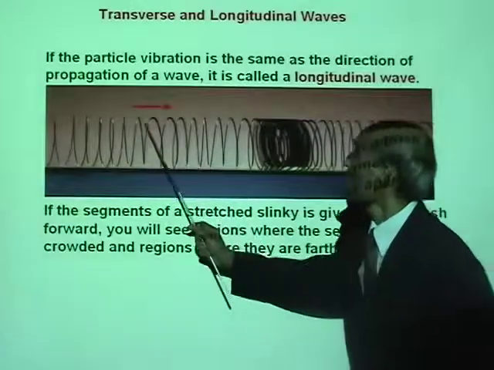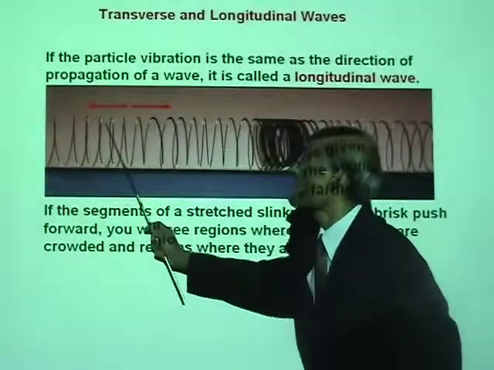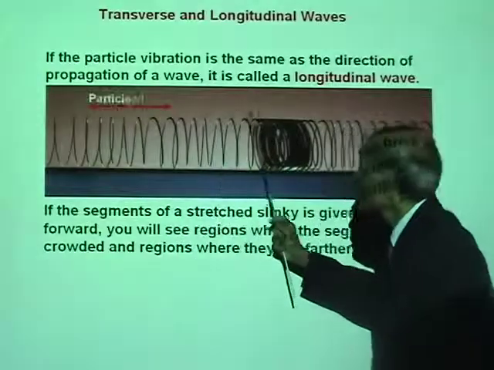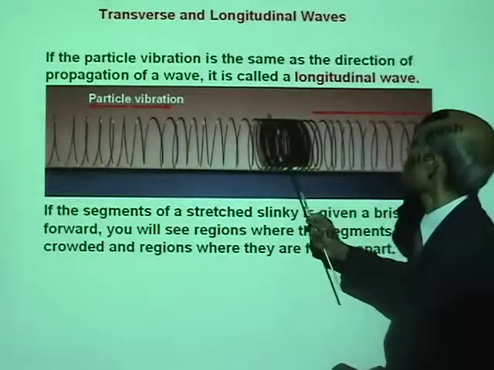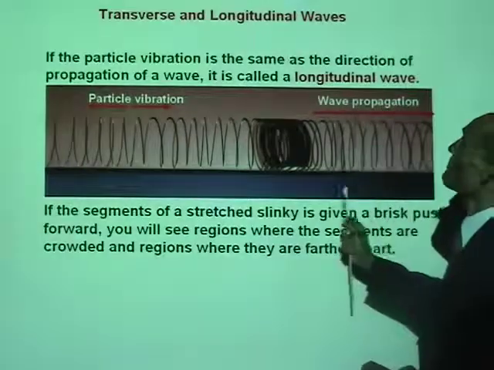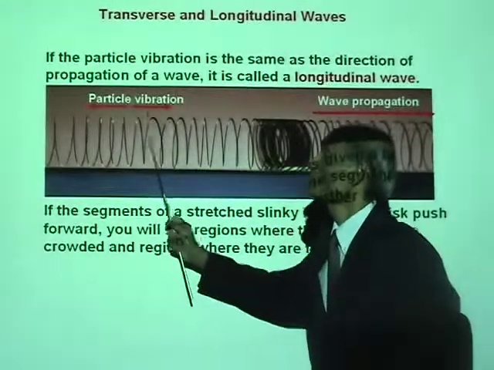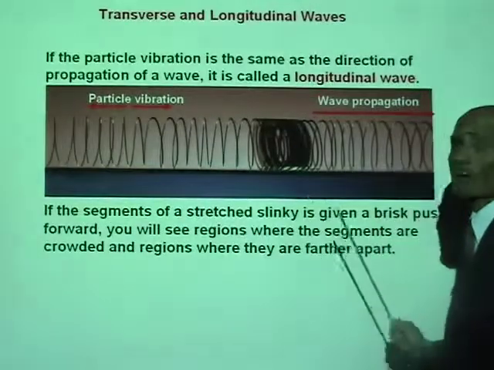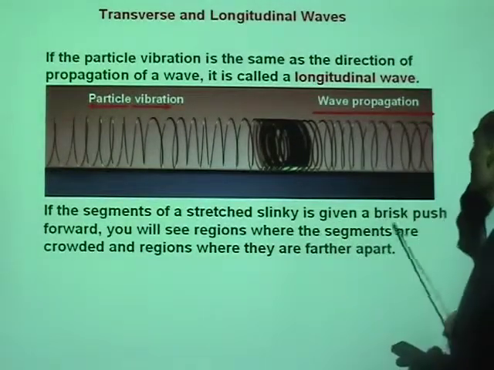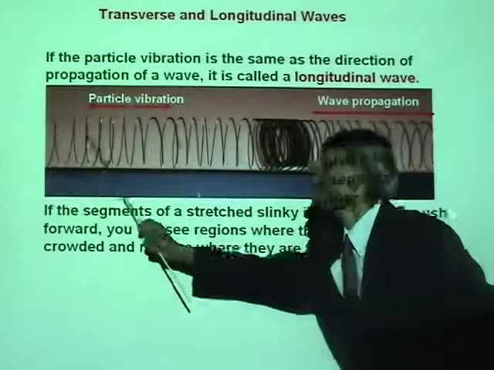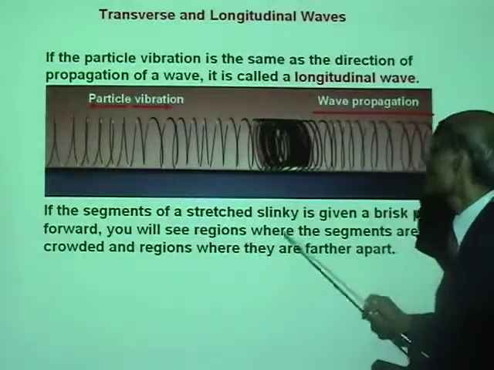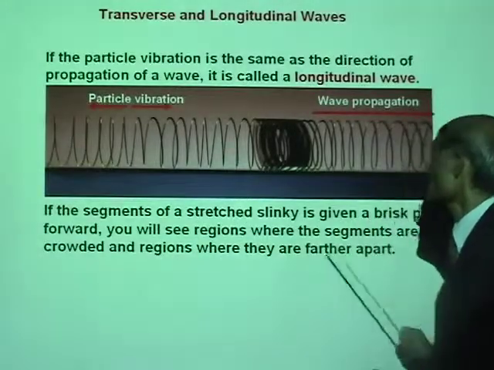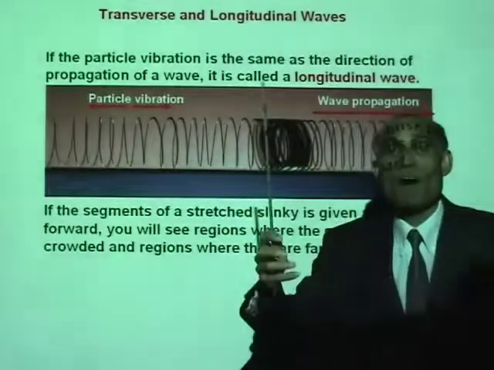So if the segments are vibrated back and forth on left and right, the energy gets propagated to the right. This is the wave propagation, and this is the direction of vibration of the particles. If the segments of a stretched slinky are given a brisk push forward, you will see regions where the segments are crowded and regions where they are farther apart.